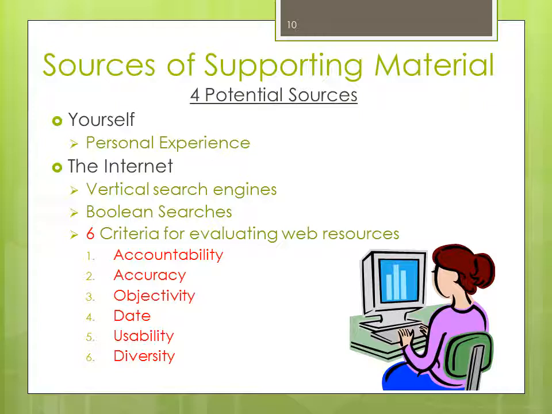Objectivity, is the website free or is it biased? Date, is the date current on the research paper? And usability, do the layout and the design of the website facilitate its use? And diversity, is the site inclusive?